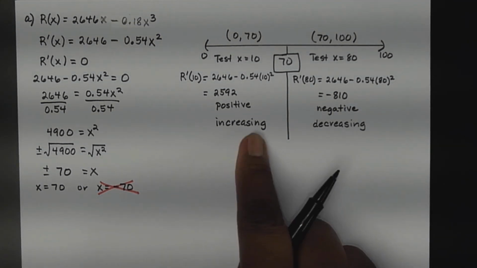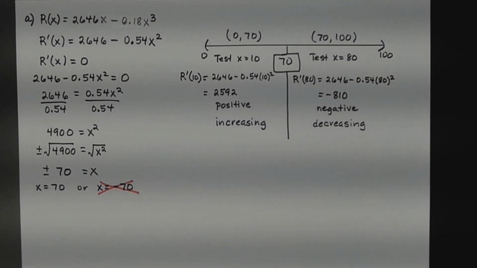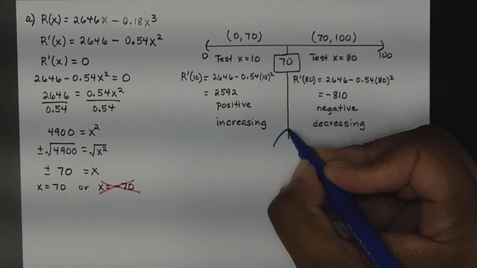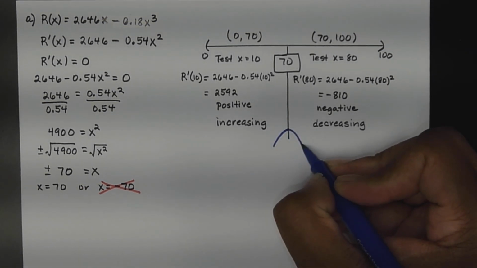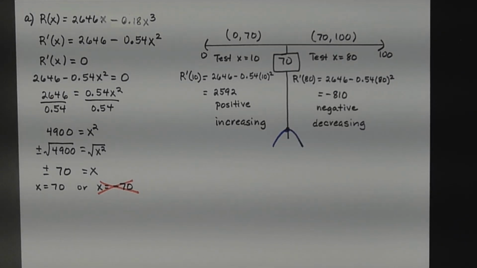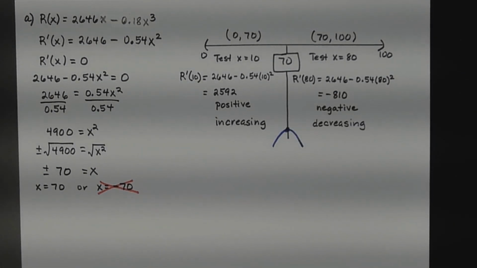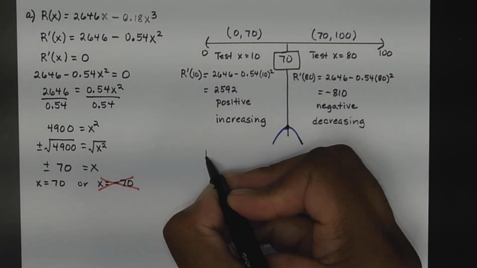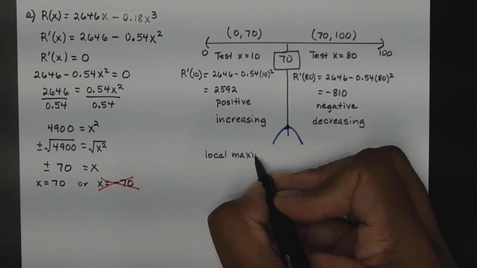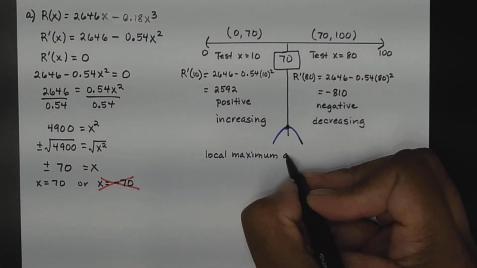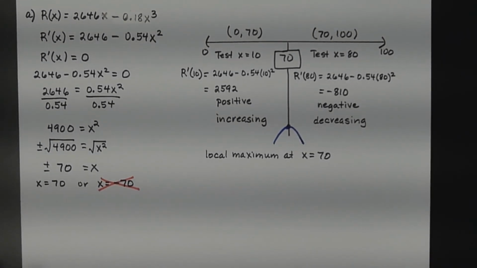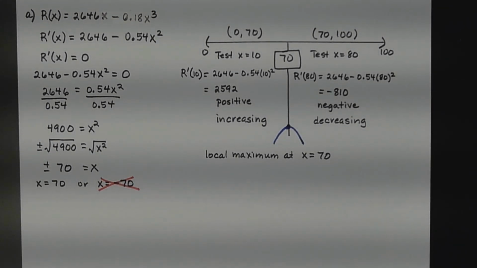So we have a change here from increasing to decreasing. Let's take a look at that. Increasing up to 70, and then after 70, it decreases. So that tells me at 70, there is a local maximum, okay? A local maximum at x is equal to 70.